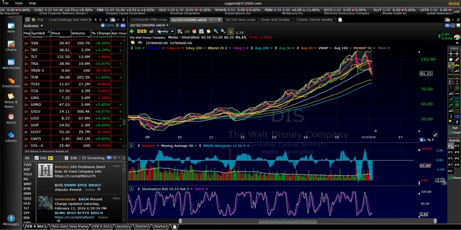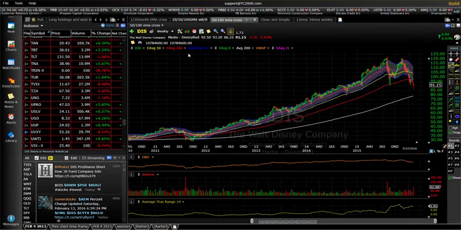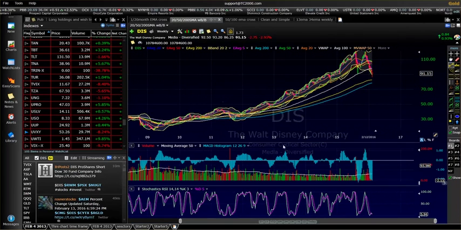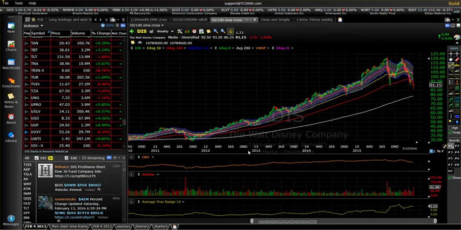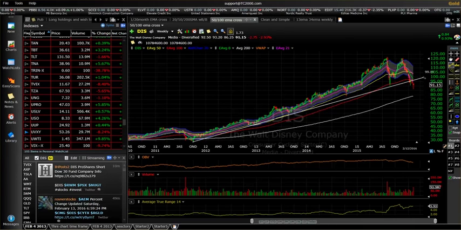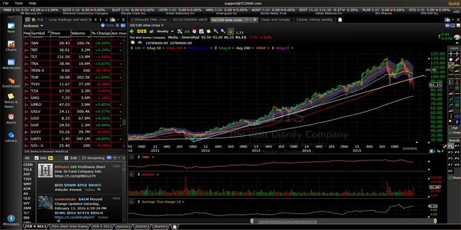So let's go ahead and draw our trend lines on the weekly. I'm going to go to a cleaner chart just to draw the trend lines, and then we'll come back to the chart with all of the moving averages.